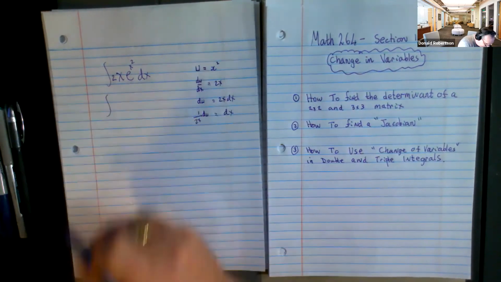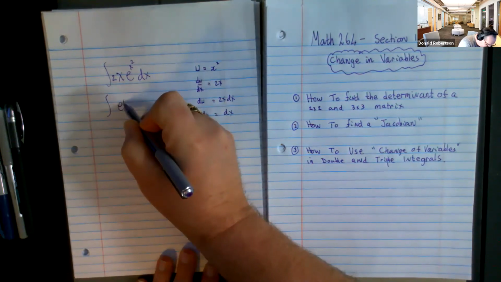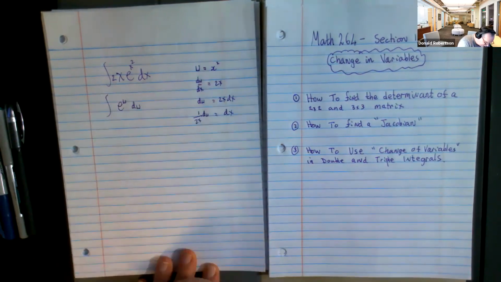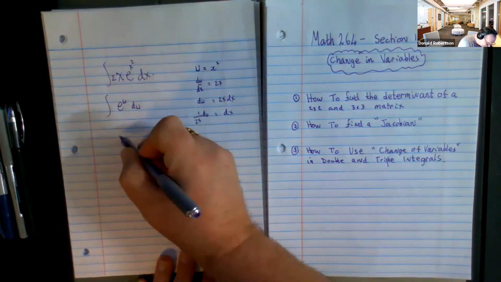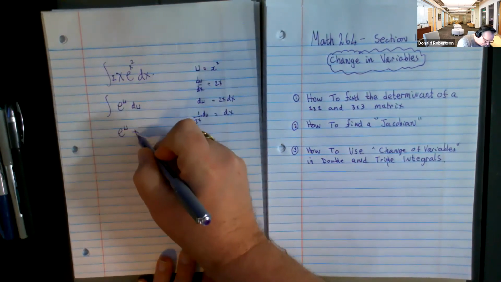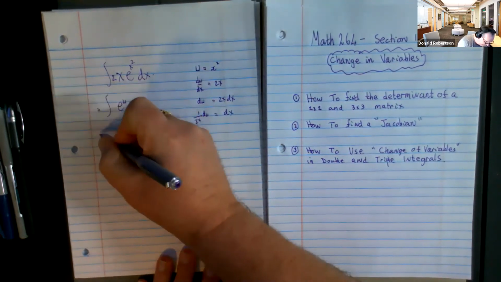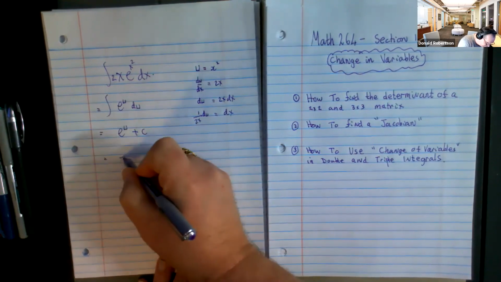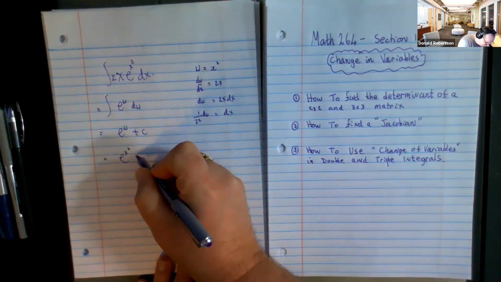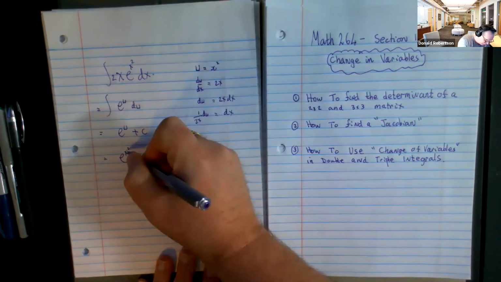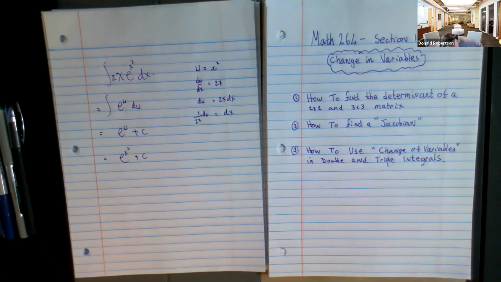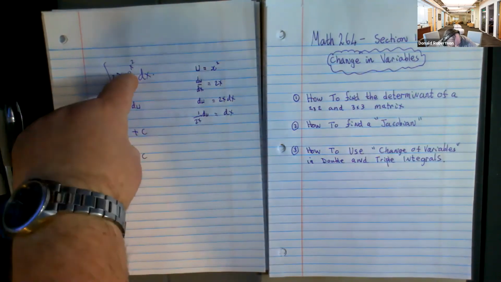And what you eventually get is basically e to the u du. Although I can't integrate that, I can integrate this. And so there's my answer. But that's my answer in terms of u. And so when I return the u sub and use it in reverse, the antiderivative is that.